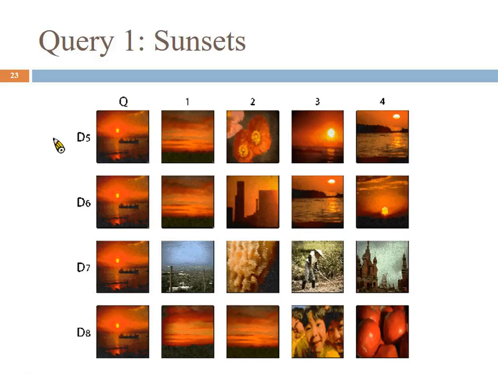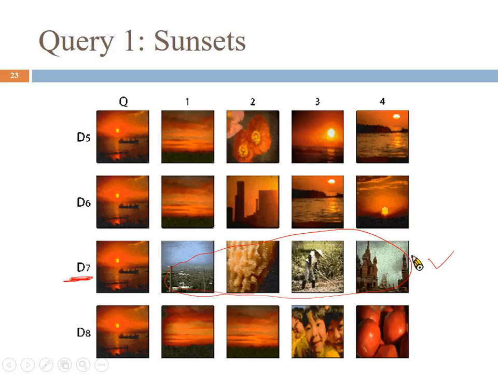And here D5, D6, and D7, D8. Here we can see that the return result of D7 is very bad. Remember what D7 is? D7 is if you only represent an image based on average red, average green, and average blue, and then you check the Euclidean distance, then the result would be very, very bad.